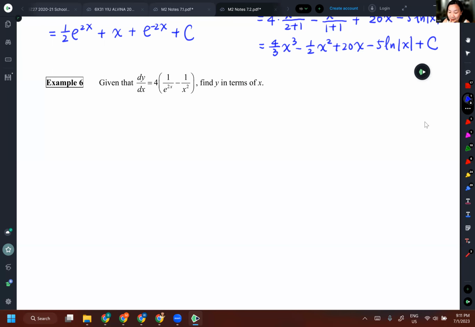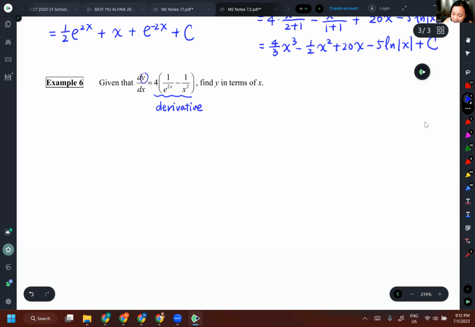Now, dy dx is the derivative. This is the derivative. Okay. Now we know this is derivative, but what is y? Now you can see y appear here, right?